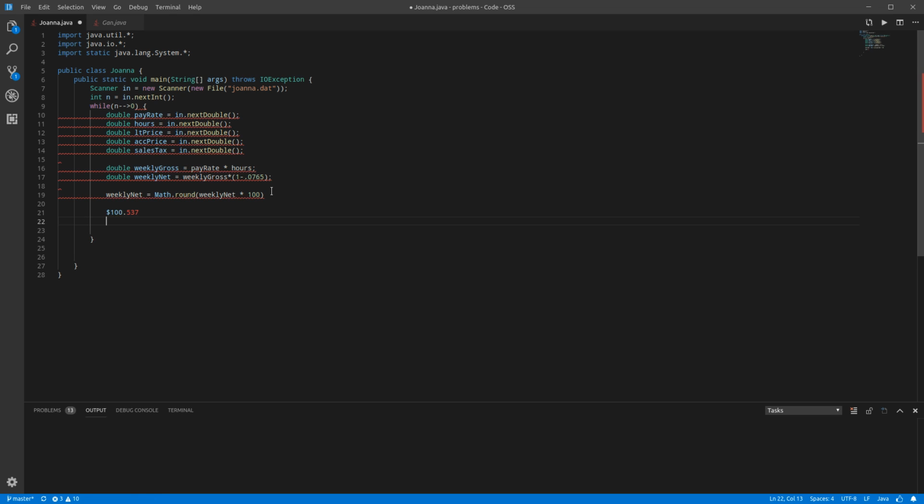This is going to become 10053.7. If we round that, it's going to round it to 54. So now we want to move the decimal place back over 2, and so we're going to divide that by 100.0.